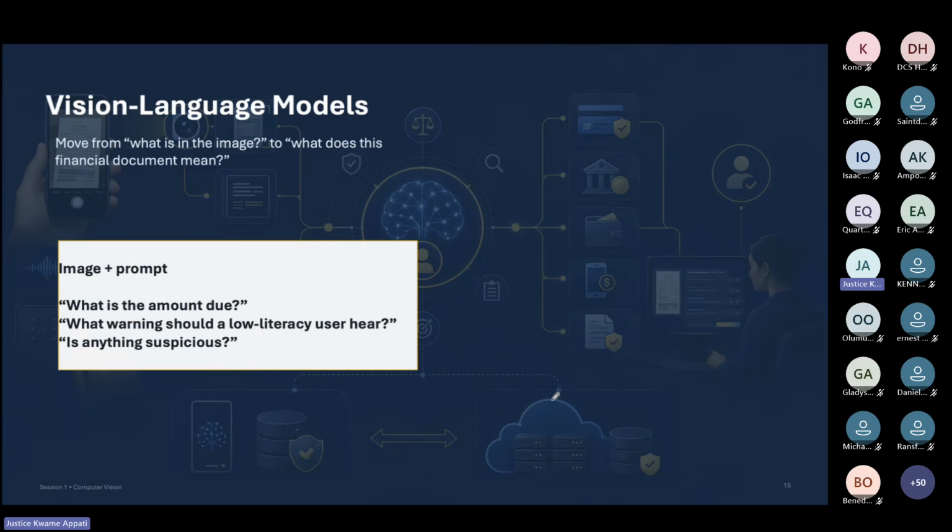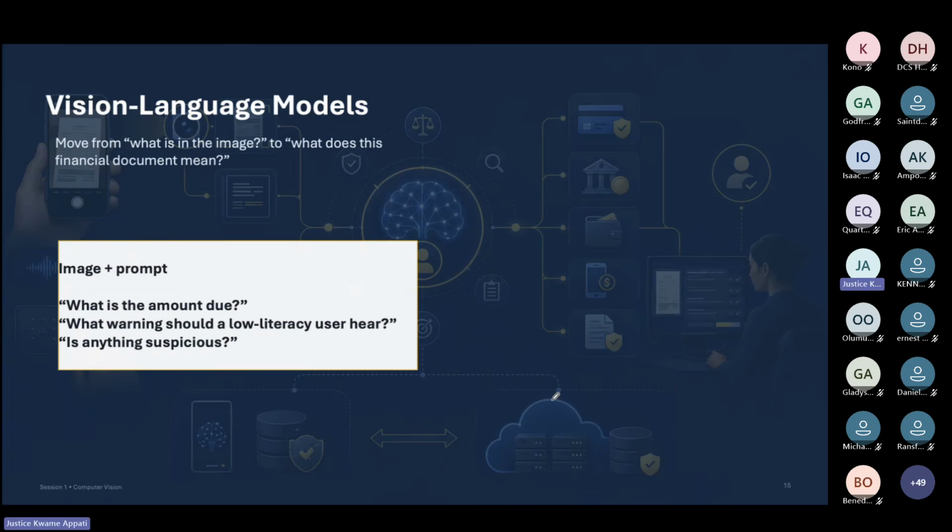Okay, so here is where we have the vision language model. I give you an image, I give you a prompt. An example of the prompt would then be, what is the amount due? So here the image is the bill. What is the amount due is a prompt.